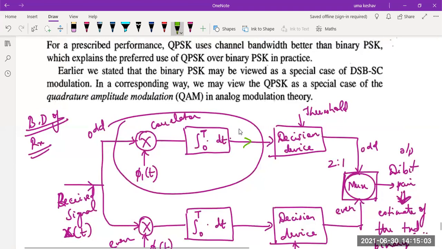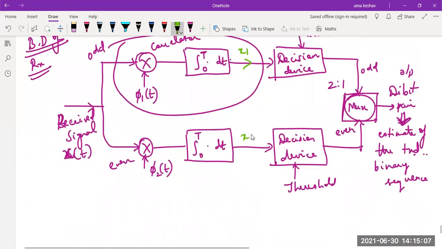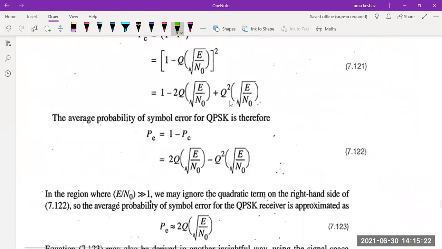The output of the first correlator is X1 here, and the output of the second correlator is X2. If this is x(t), this is x1(t) and this is x2(t). We are finding these values by multiplying with phi1 and phi2 and integrating. That's all we are doing here.